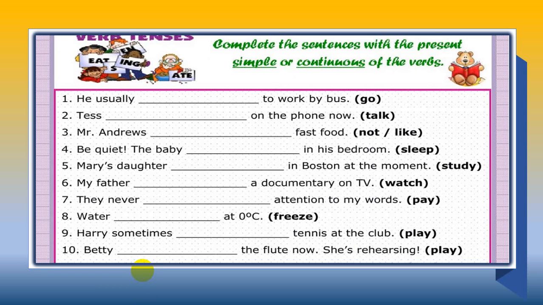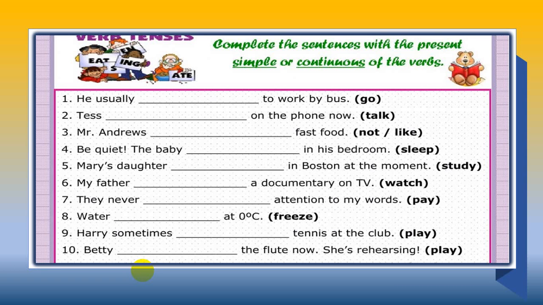He usually. Usually. Yes, you are right. Because there is usually, we put the verb in present simple tense with he, so we put s. So he usually goes. He usually goes. Number 2. Tom blank on the phone now.